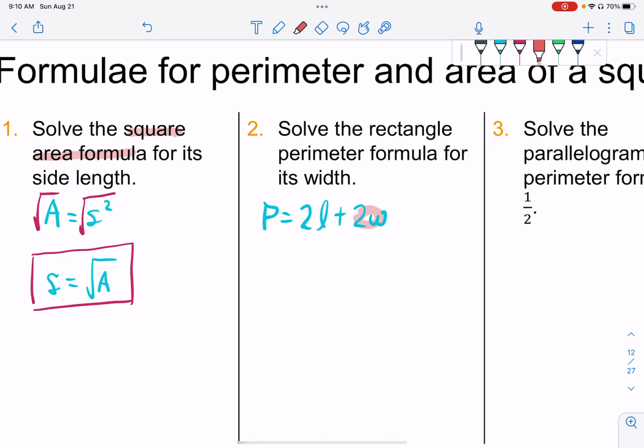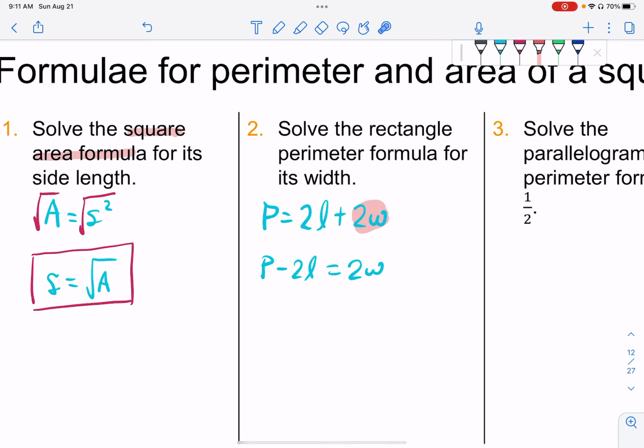Okay, so I want to solve for W, but first I need to isolate the 2W term. The 2W term is currently being added to the 2L term, so I need to get rid of it by subtracting it to the other side. So I would have P minus 2L is equal to 2W. And then one last thing is I need to get rid of this 2.